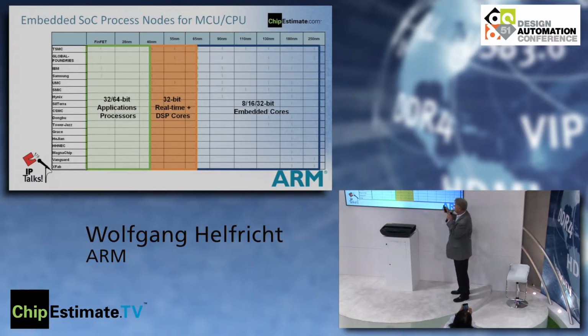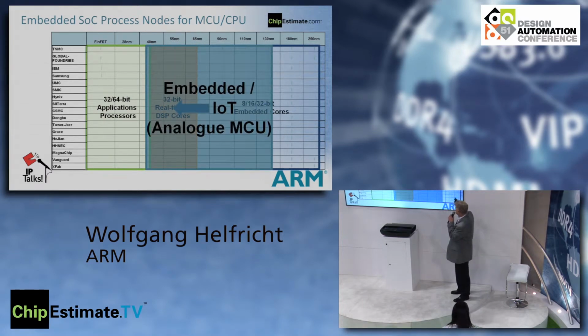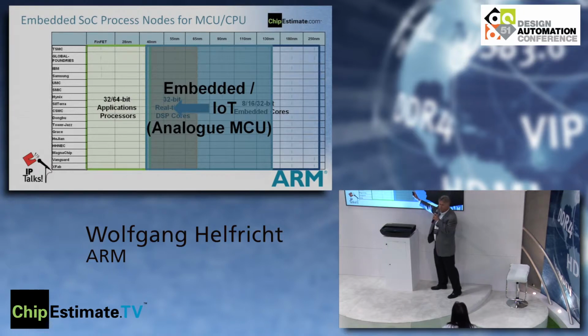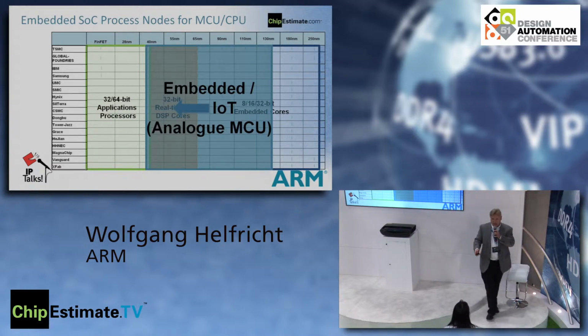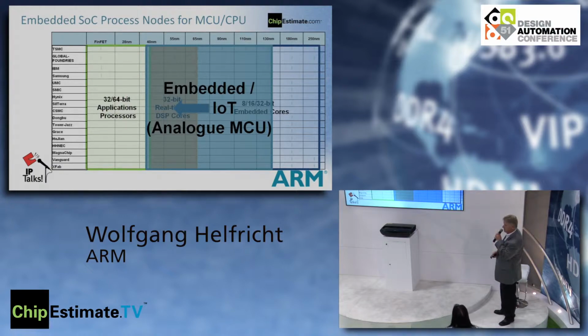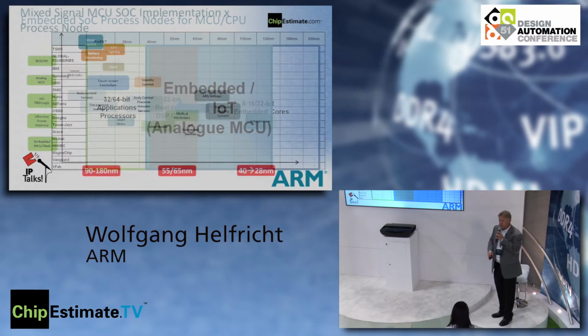The interesting trend now is that the embedded IoT world covers a relatively large range in this area. So it starts with about 130 nanometer and goes down to 40 nanometer. Depending on how much integration you need, how much performance you need, you can select your process here.